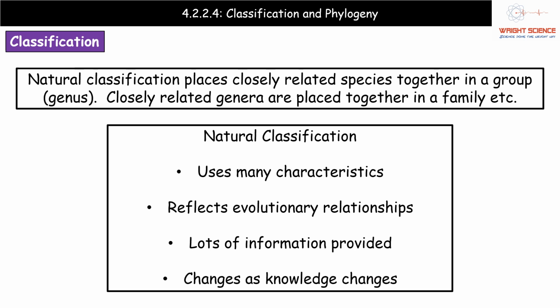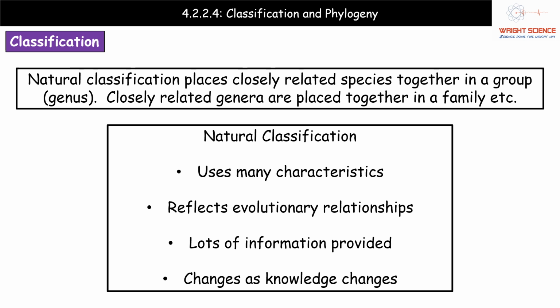Option number 2 in terms of how we can classify things would be the natural classification system. This is the one that is going to be looking to see how closely related different species are, and then placing those closely related genera together within these different groups. So what we'd end up with is all of the species that are closely related would end up in the same genus.